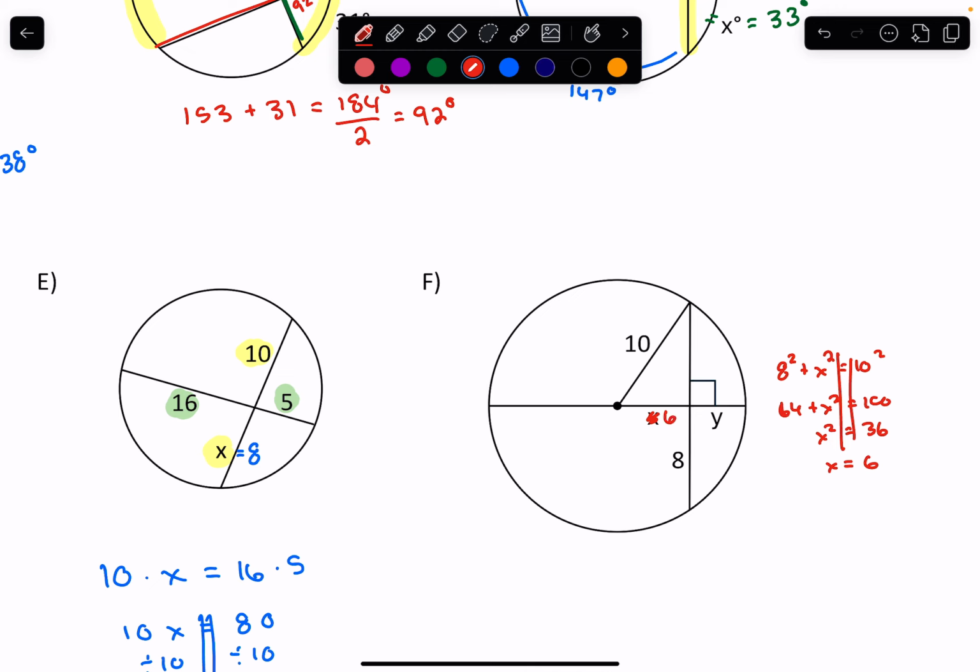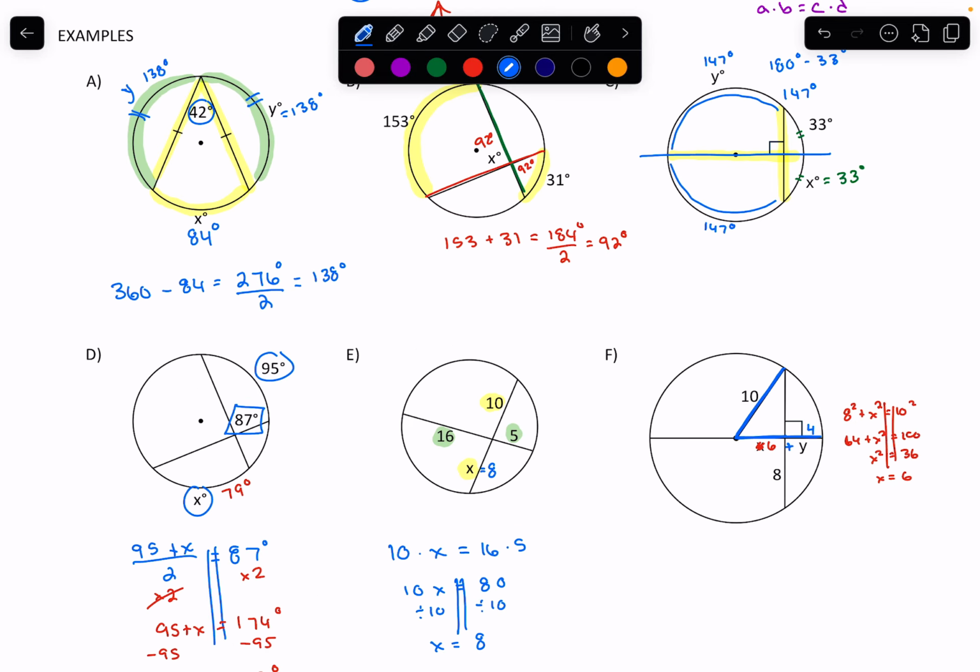And I also know, if I look at my picture right here, this radius right here from the center to the edge of the circle is always the same distance. So that distance, that blue distance right there is 10. This distance right here is the same distance. So that means that 6 plus y is equal to 10. So then I can just infer from there that y is equal to 4 because x was the 6. If I add them together, then I get 10. So that gives me my x and my y.